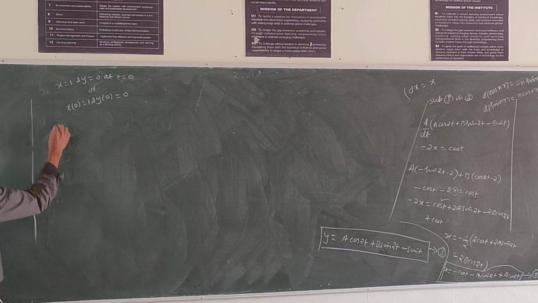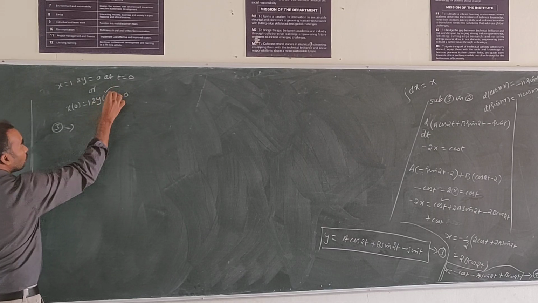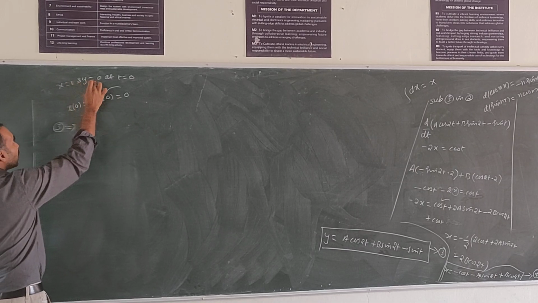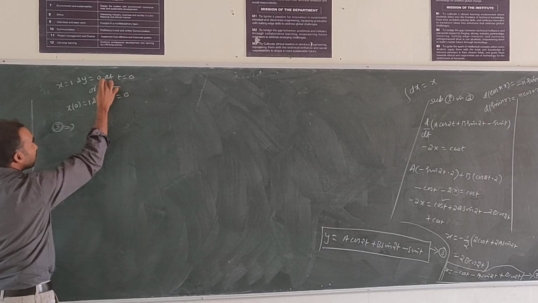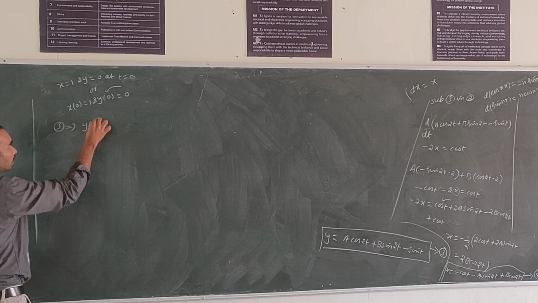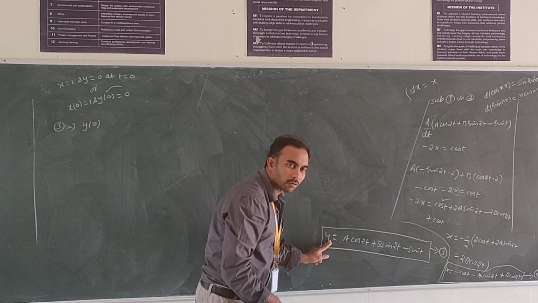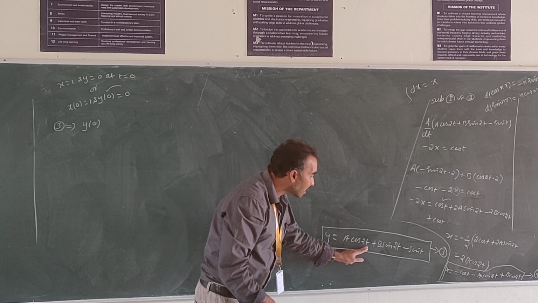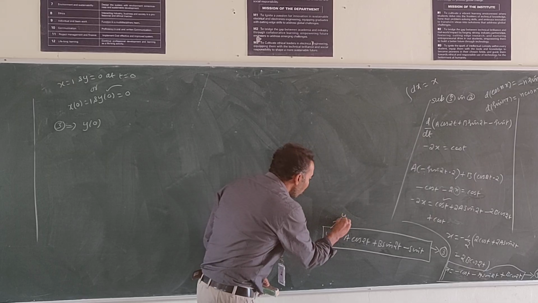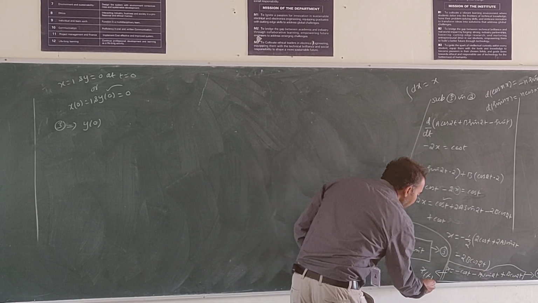So first, from 3, y of 0 equals 0. That's the same: y equals 0 at t equals 0. Listen carefully, this can be written as y of t, a function of t, and this x can be written as x of t.